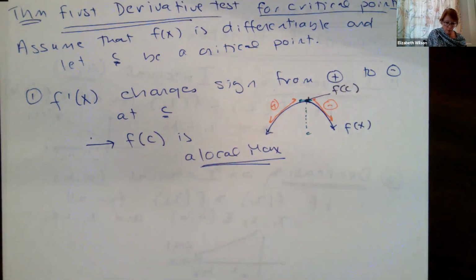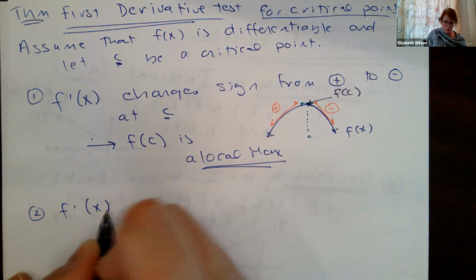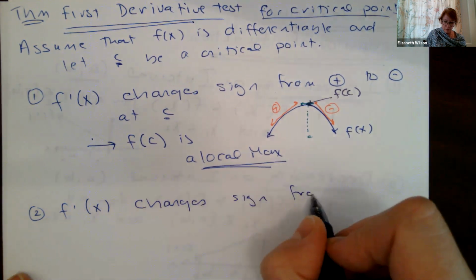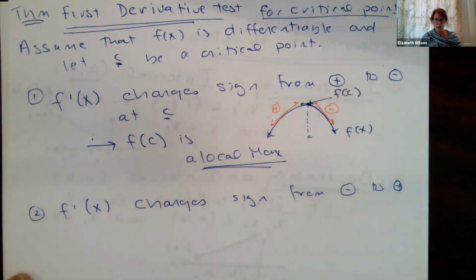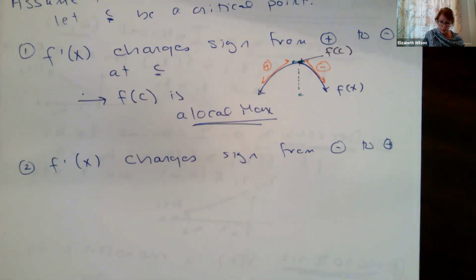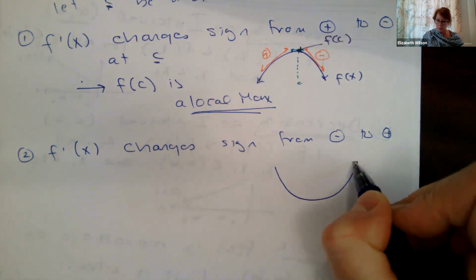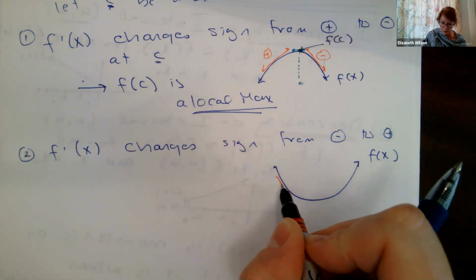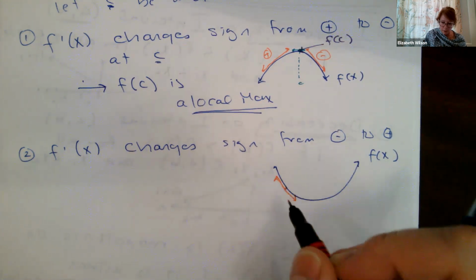Okay, let's do the other one. My first derivative changes sign from negative to positive. What does that look like? Here's my function. Remember I'm taking my first derivative, it goes like this. It should be attached to it. That's negative.